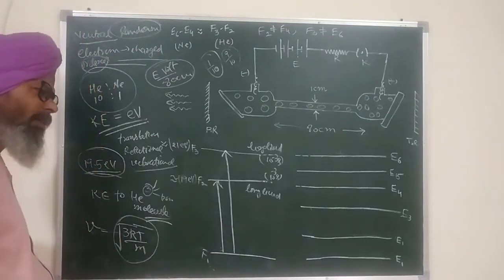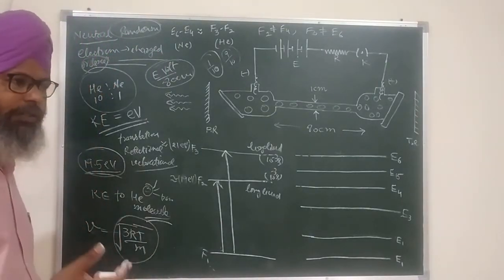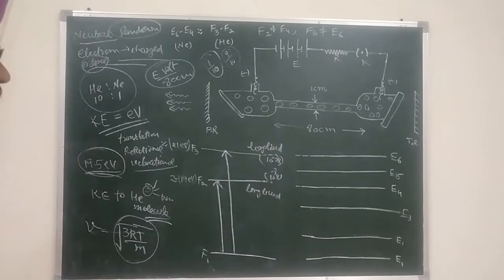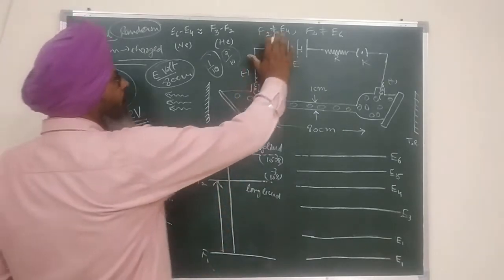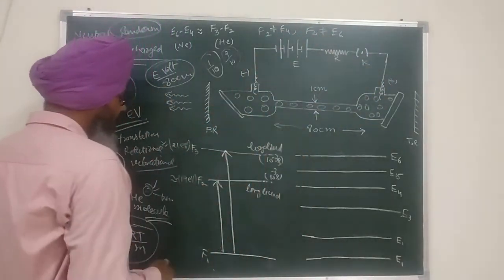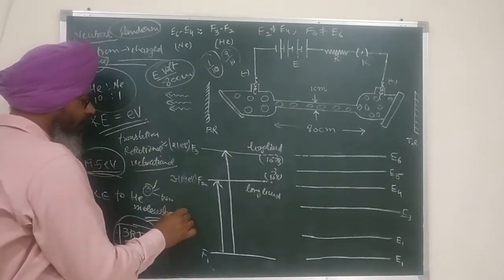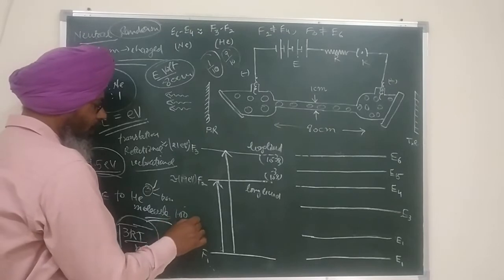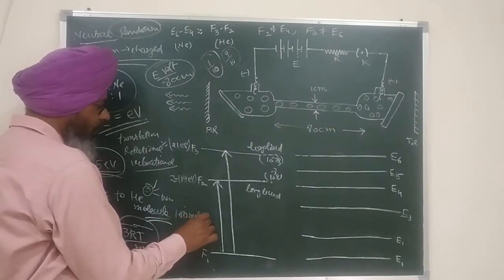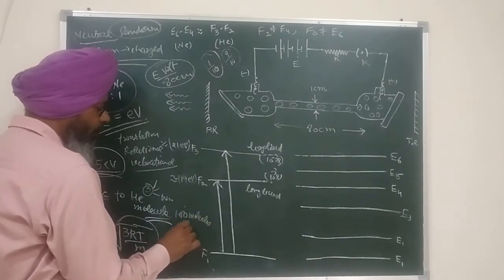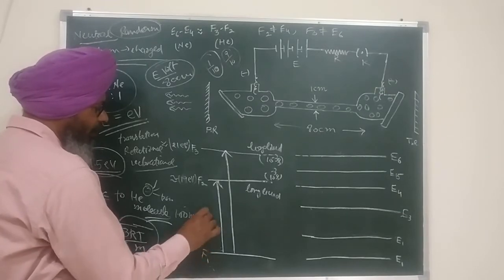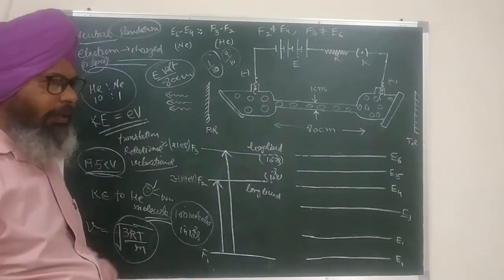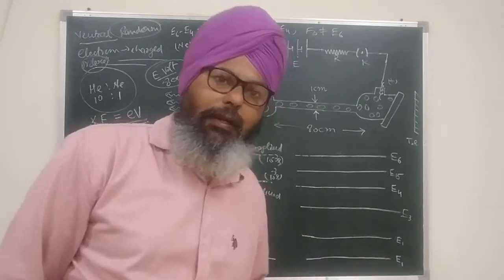If you have been attending all these lectures in this chapter regularly, I will again take my same old example. Let us say this pump assembly is capable of exciting only 100 molecules in 10 raised to power minus 8 seconds. Now the laser light is to be given by the neon.